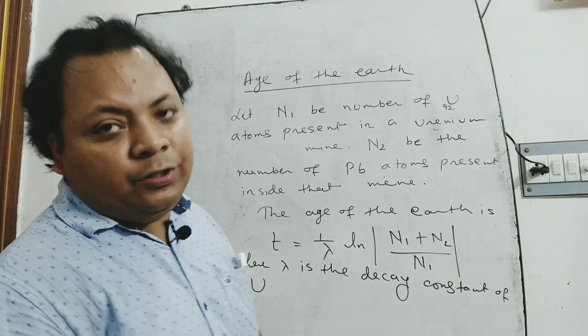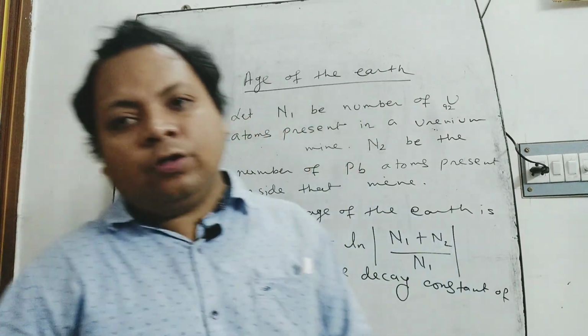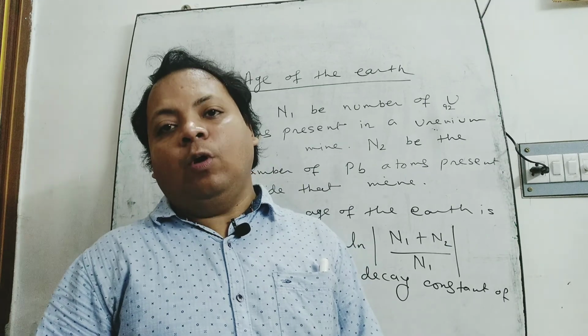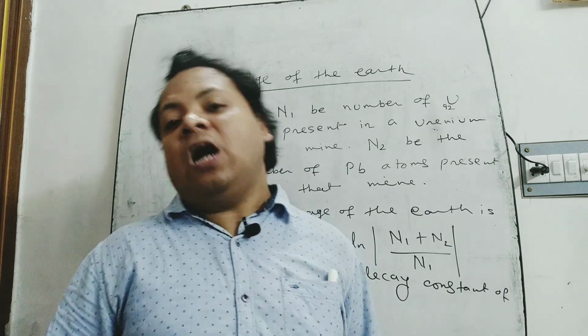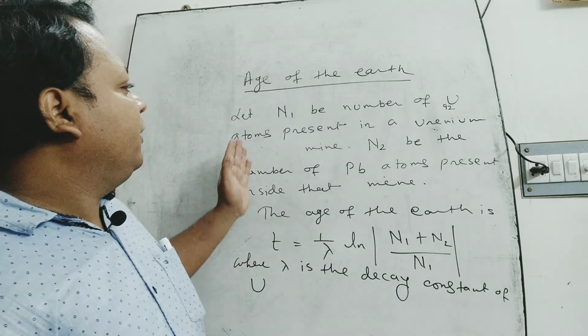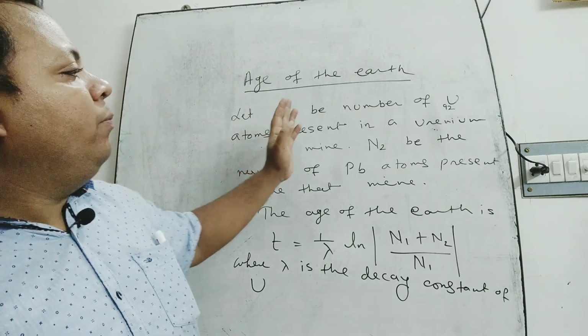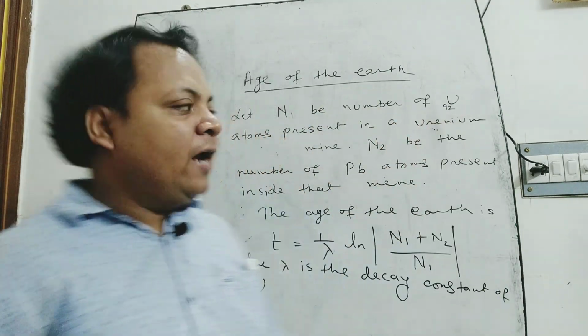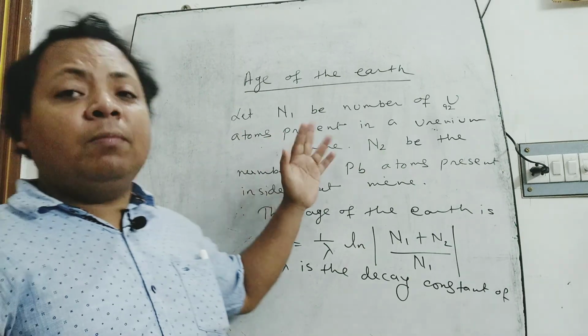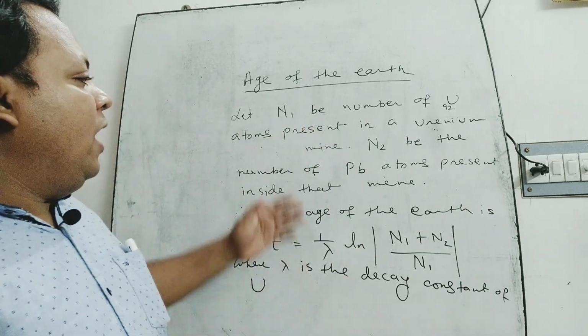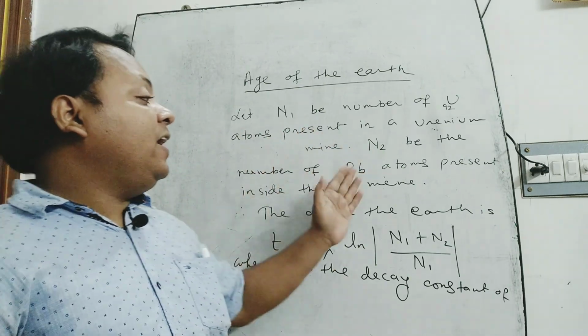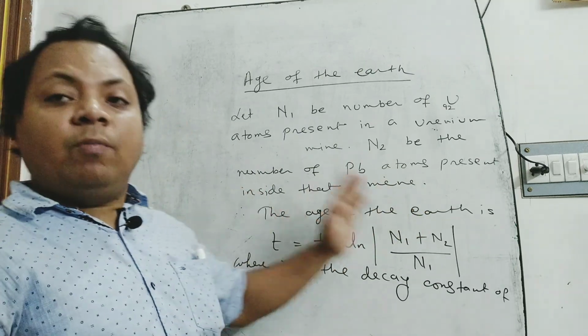By radioactivity, we can find out the approximate value of the age of the earth. Let capital N1 be the number of uranium atoms present in a uranium mine, and N2 be the number of lead atoms present inside that mine.